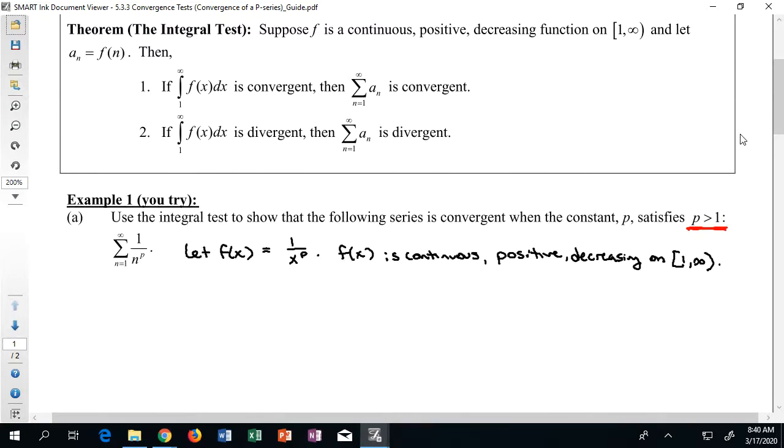Okay, so now I can go ahead and calculate the integral from 1 to infinity of 1 over x to the p. Now, again, I can easily start to convert this to a limit.